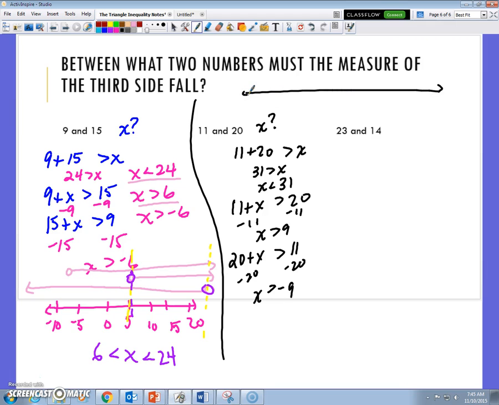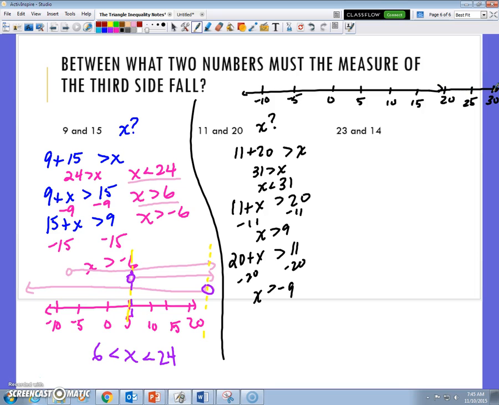Okay, we need the negative 9, so here's negative 10. And we need to make sure our number line goes all the way up to 31. So 25, 30. Ugh, I wish I would have done these a little neater.